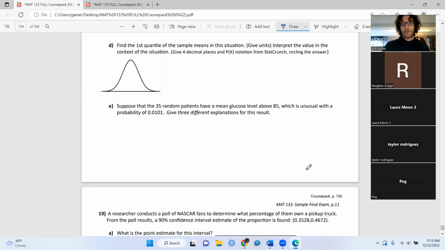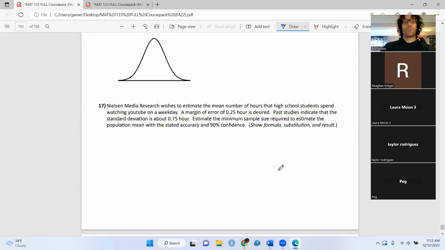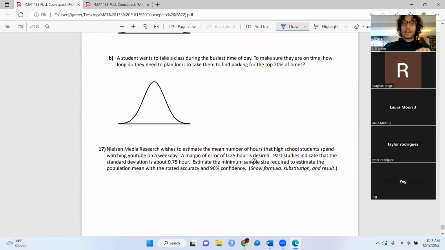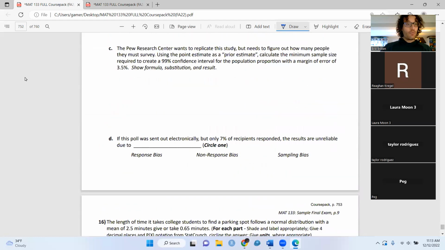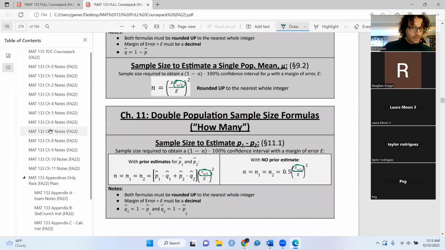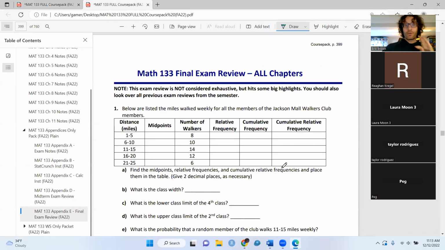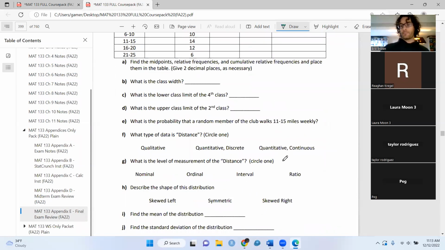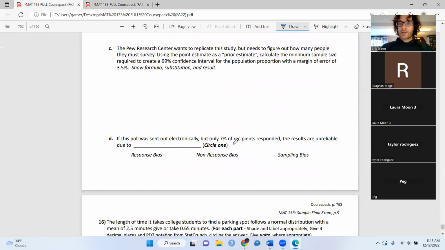If you don't and have no clue, you could send a chat to me or Cindy individually or to the whole group, whatever you're comfortable with, and say, I don't know how to do problem 18 or 17, and we can point you to where to look. If that doesn't help, I will gladly open up a similar problem in the final exam review packet and work through that whole problem. Then you can go back and do the sample problem. That's what I had in my head of what we would do today.